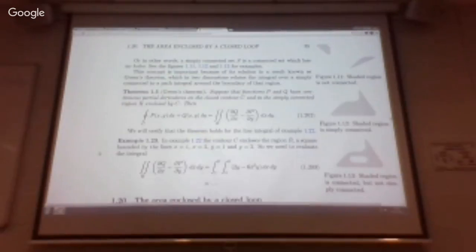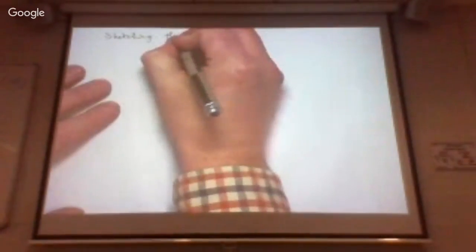Okay, so let's start thinking about how we might prove this and explain why it's true. This is sketching the proof of Green's theorem.